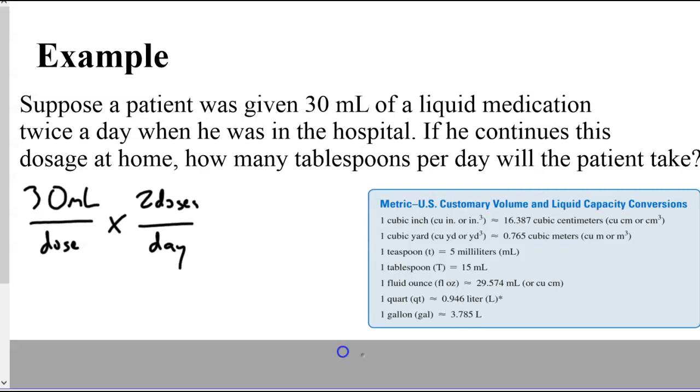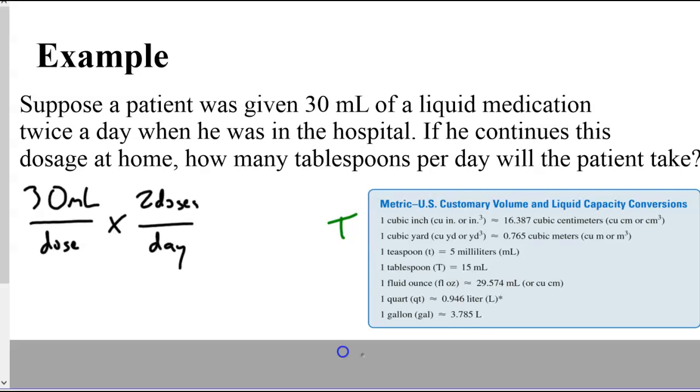If they continue the dosage at home, how many tablespoons will they take? So what we're looking for in the end is tablespoons.